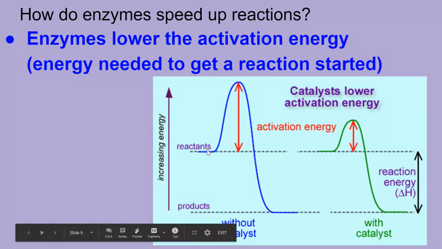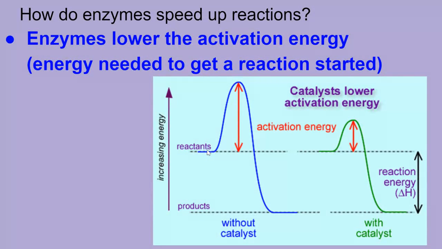Now, without a catalyst, or in other words, without an enzyme, it would take a lot of energy to get those reactants to react with each other. And that's going to take a lot of time to build up that much energy to get those reactions going. So without a catalyst, it takes a lot of energy and a lot of time to get the reaction going.